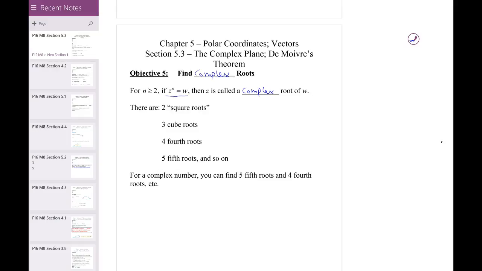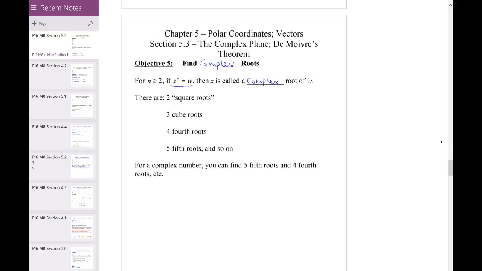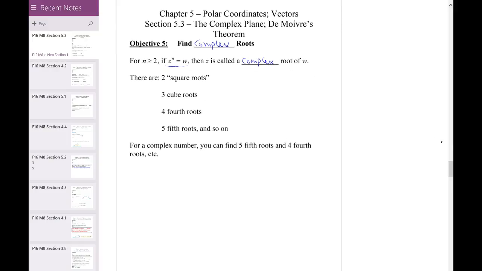This is not the case for strictly real numbers that you've looked at before. You would have said the cube root of 27 is just 3. But when you allow complex numbers, there's actually 3 cube roots and not just this one real one.